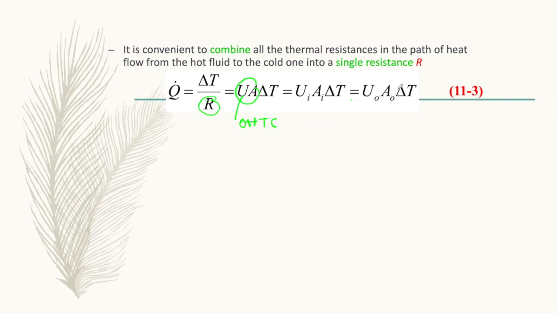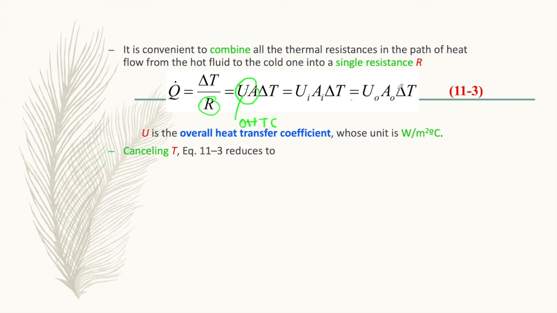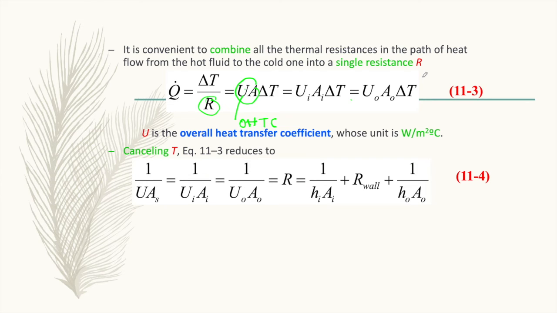So let's take a look. U is the overall heat transfer coefficient and the unit is watt per meter square degree Celsius. By cancelling delta T in equation 11.3, this equation will reduce to 1 over UAs equal to 1 over UiAi equal to 1 over UoAo, which is equivalent to R. This R is actually R total.